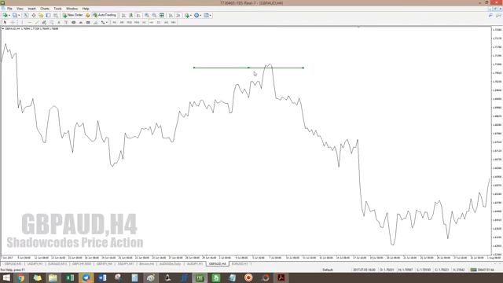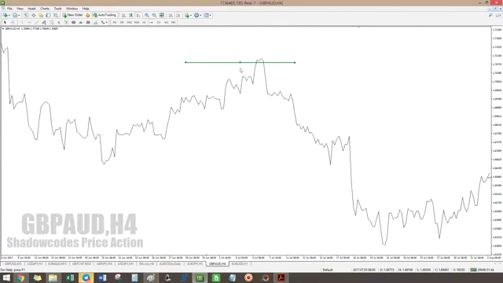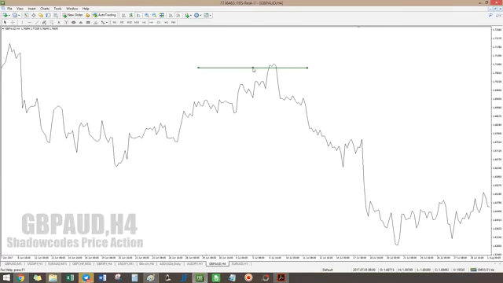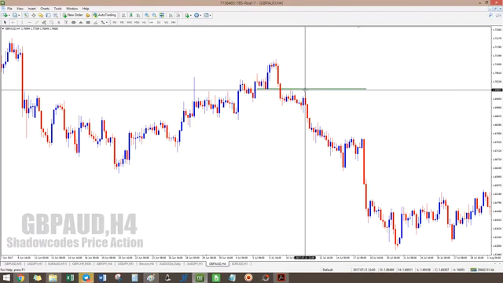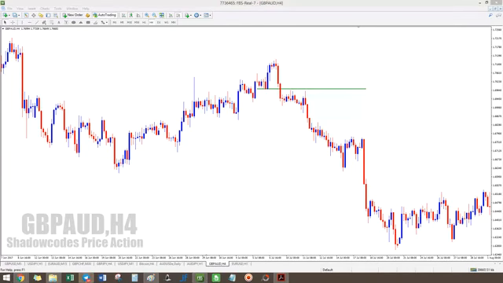Okay, we find a downtrend. Change it to candlestick. A few pips. This one is an SR flip. Can we take an example at a lower time frame?